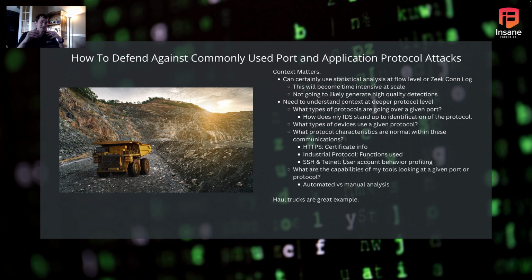These are super expensive trucks. They have like 750 gallons of gas. They're like $3.5 million each. It's a crazy use case for when we talk about commonly used ports and protocols again. You look at an asset like this and you certainly can build behavior around it.